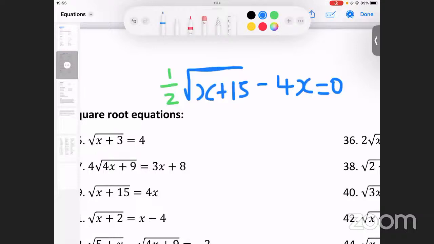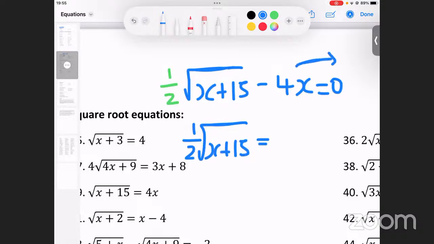That means if there was a half there, you will say this half and then you have x plus 15. Can you see? You need to take this thing to the other side and it changes the sign, just so that on the left-hand side, you leave the square root only.